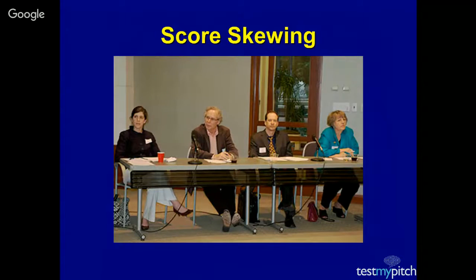Score skewing. This is something that can happen in a bunch of different ways, and there are two primary ways that we see. Number one is a natural skewing that happens in any kind of paper-based or manual judging process, whether vocal scoring or written scoring. It's very normal that after the third or fourth performance, whether it's pitching, gymnastics, or any kind of scoring of this nature, the judges' scores begin to skew.